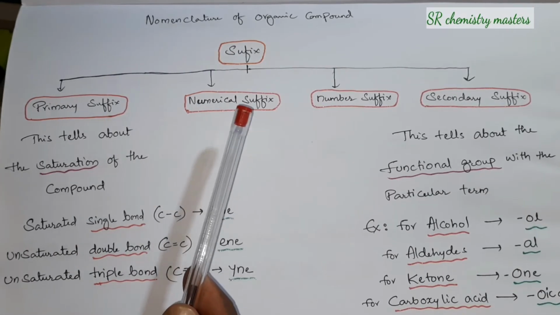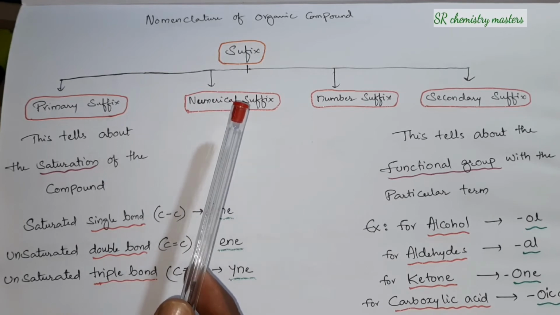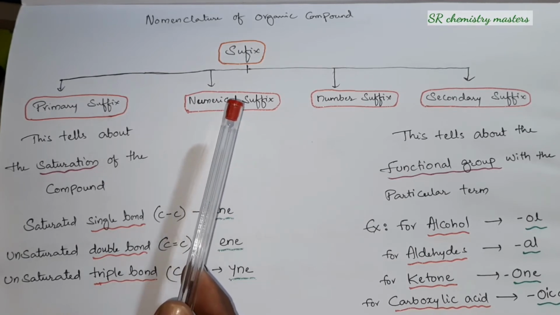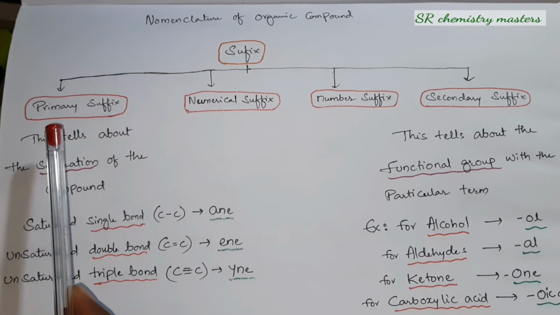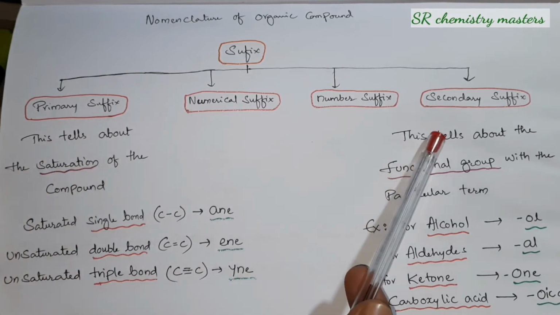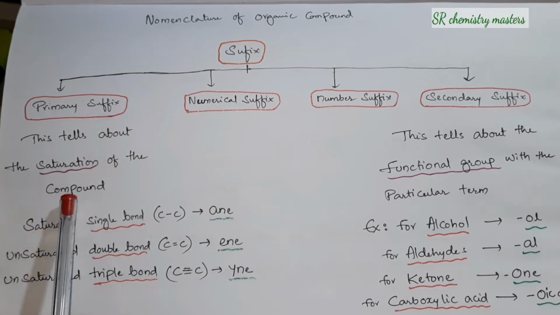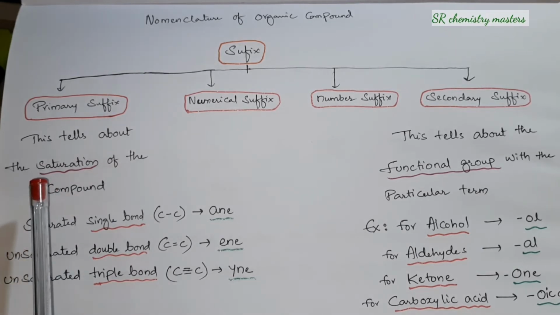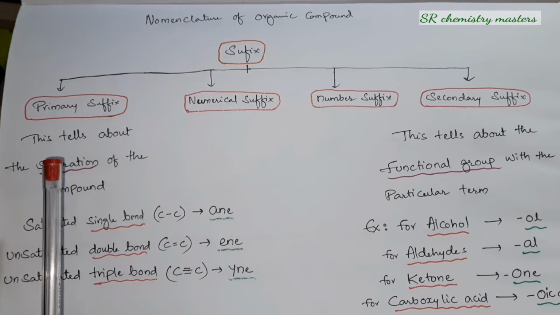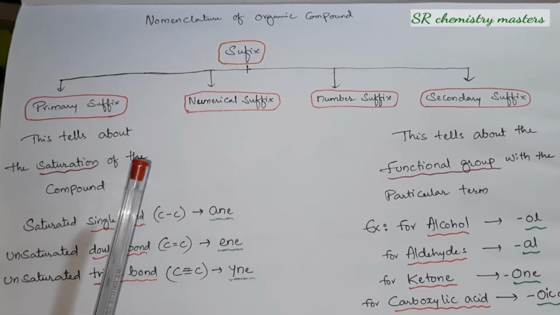Suffix. When it comes to suffix, as we said, suffixes are of mainly two types: primary suffix and secondary suffix. Primary suffix tells about the saturation of the compound. As you all know, we have alkane, alkene and alkynes.